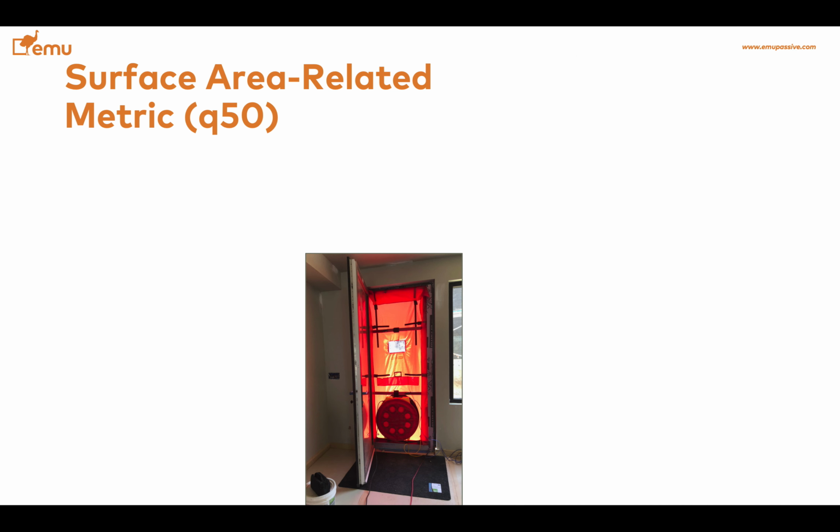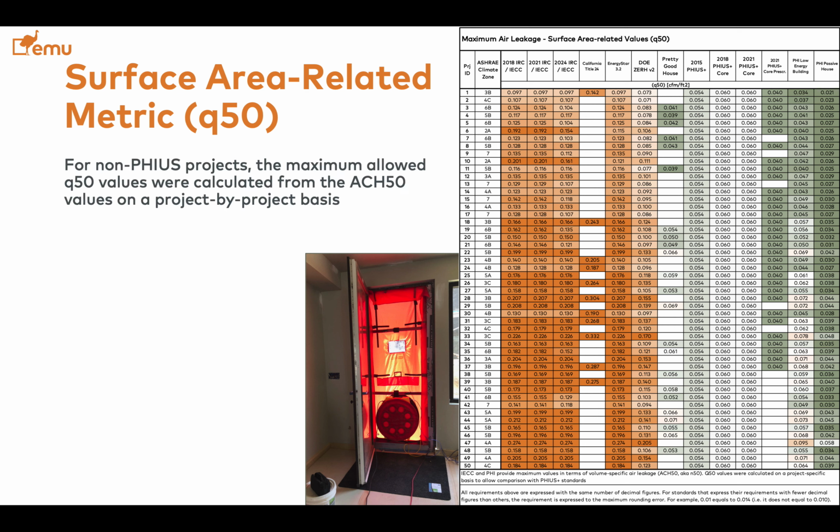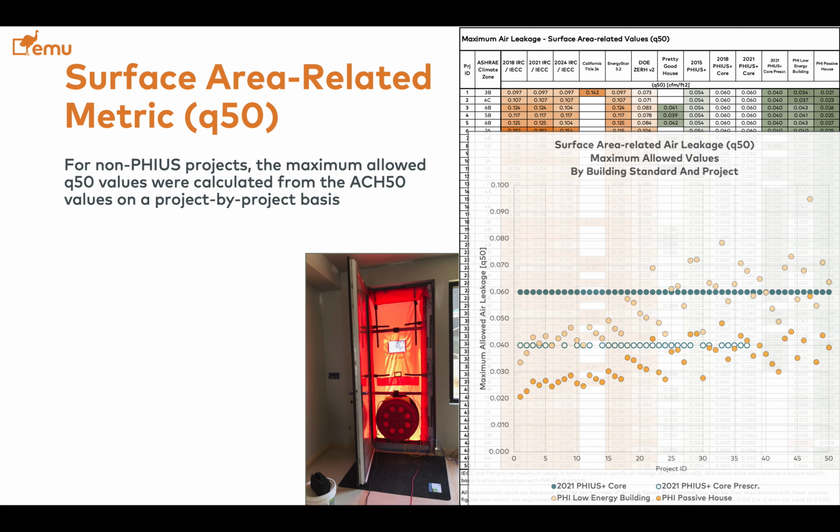Looking at the surface area related metric, this is the table we calculated. For the non-FUSE projects, FUSE is the only one that requires the surface-related metric, and for the non-FUSE projects, we calculated that backward from the ACH 50 values. This is what it looks like. The blue dots are FUSE performance-based. The white dots with the blue line are the FUSE prescriptive.